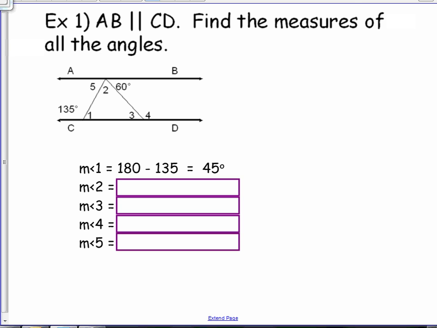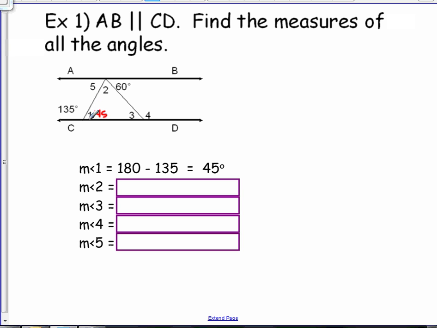Okay, so that means angle 1 is 45. All right, so from here we can actually solve a couple different angles in a couple different orders. So we know what angle 1 is.